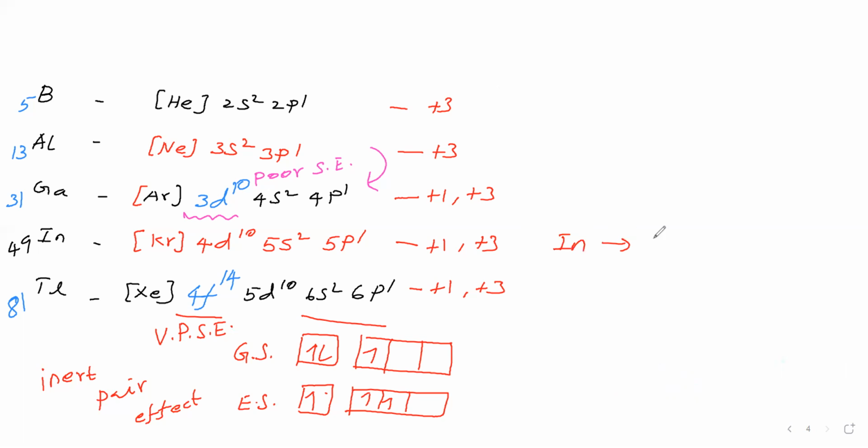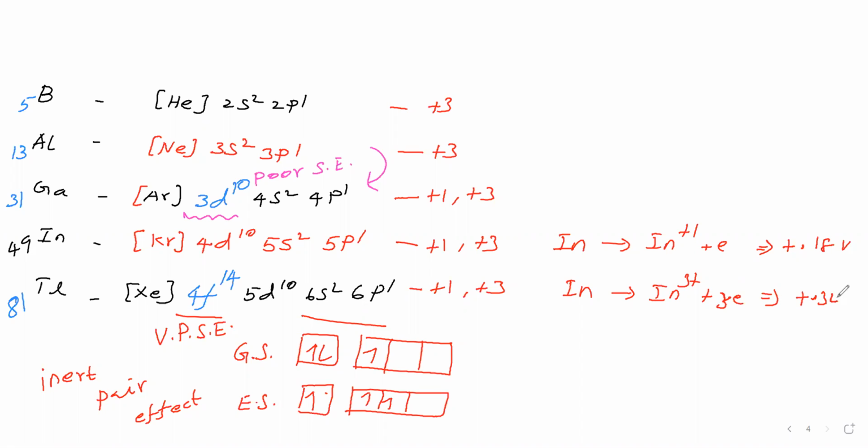In the indium case, for indium to indium +1, the E naught value is +0.18 volt. For indium to indium +3, the E naught value is +0.34 volt.